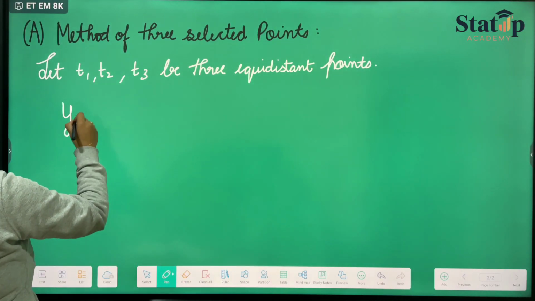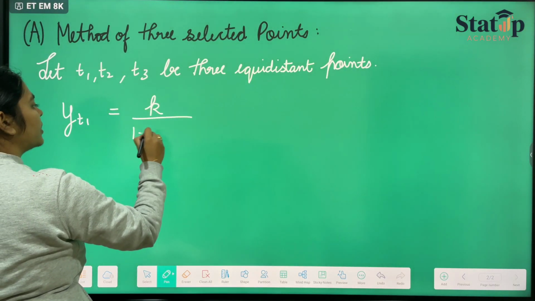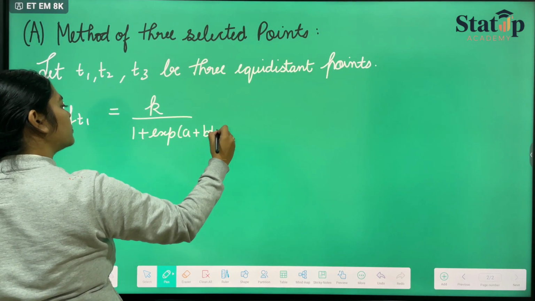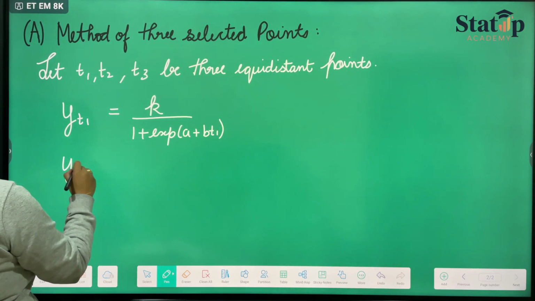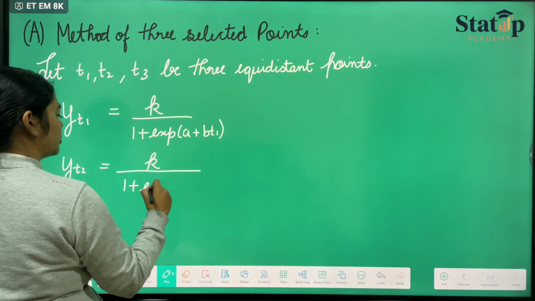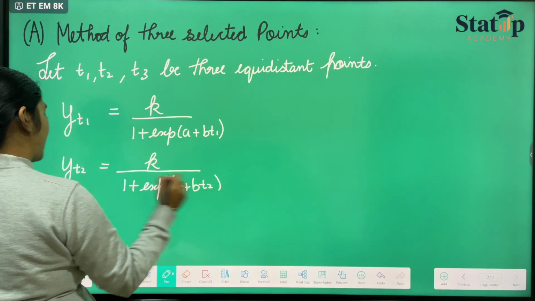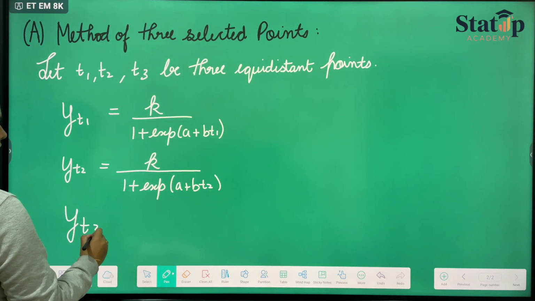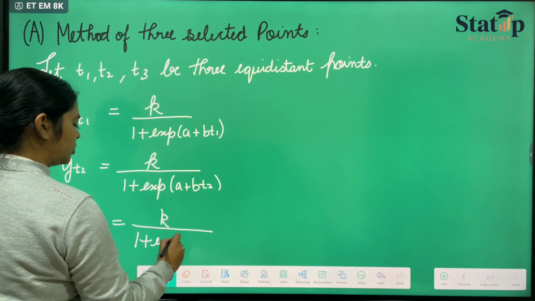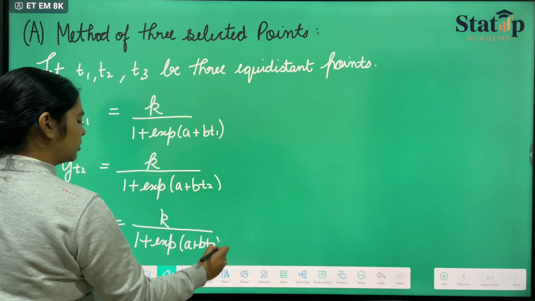So yt1 can be written as k upon 1 plus exponential of a plus bt1. Yt2 can be written as k upon 1 plus exponential a plus bt2, and yt3 can be written as k upon 1 plus exponential a plus bt3.